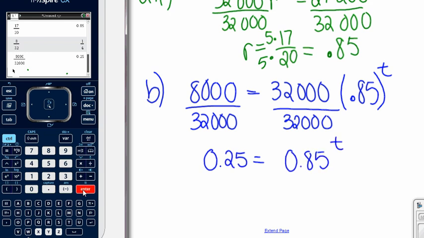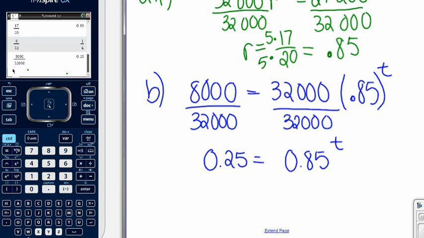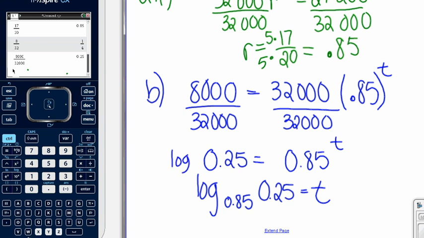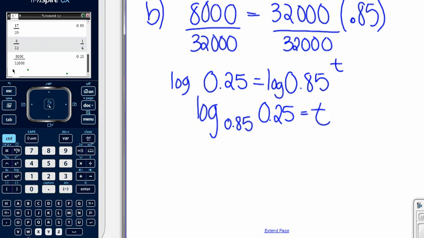So here we can use logarithms. We can rewrite this in logarithmic form. So we have log base 0.85 of 0.25 equals t. Or we could take the log of both sides and bring down our exponent.